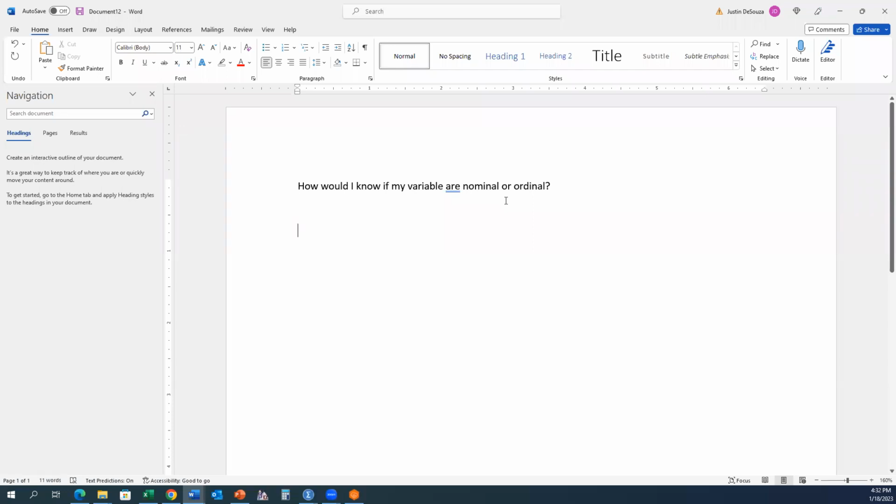Education's the best example I can give. Associates, bachelor's, master's, PhD, it goes up a ladder. Or a single Likert scale item. Strongly agree, neutral, disagree, strongly disagree. A single Likert scale item is also ordinal. Something nominal would be ethnicity, gender, things like that.